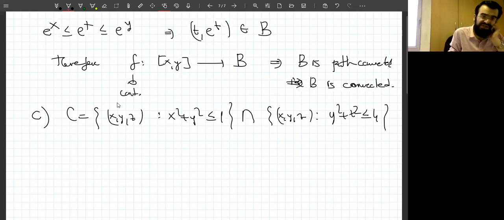Now, draw the picture. These are the x, y, z coordinate system. Here I only draw the first quadrant. Here it's 1, 1. It goes like this.